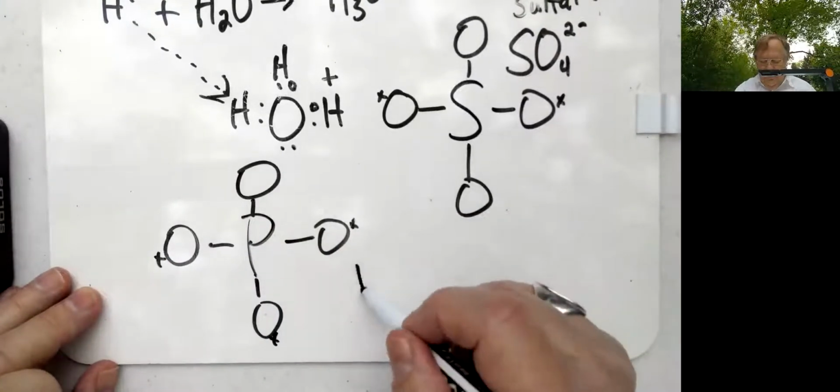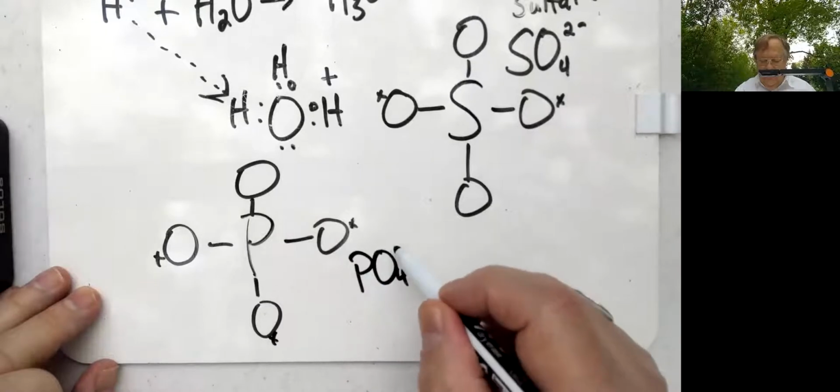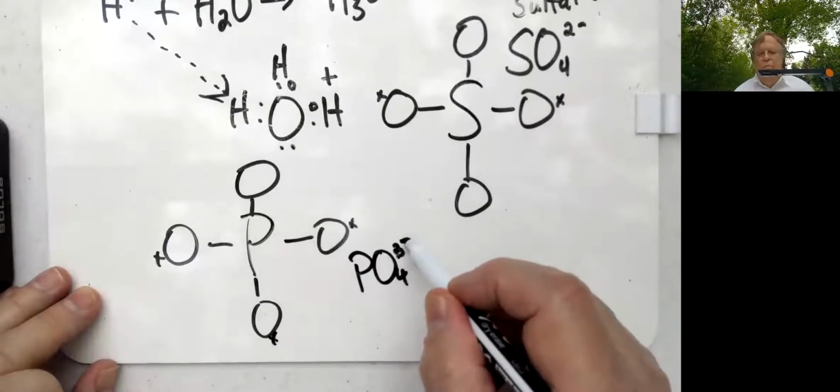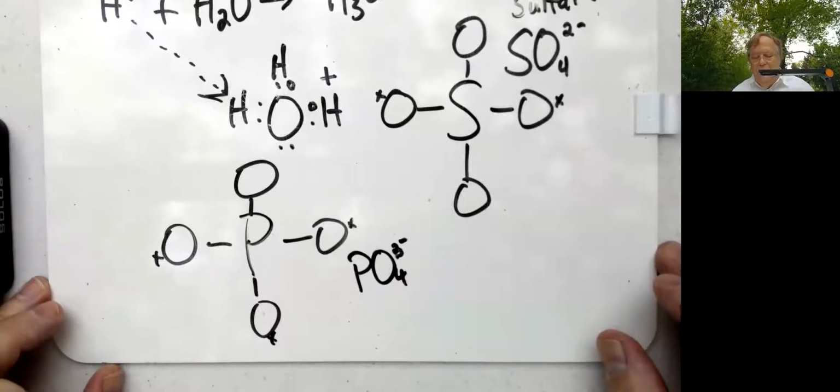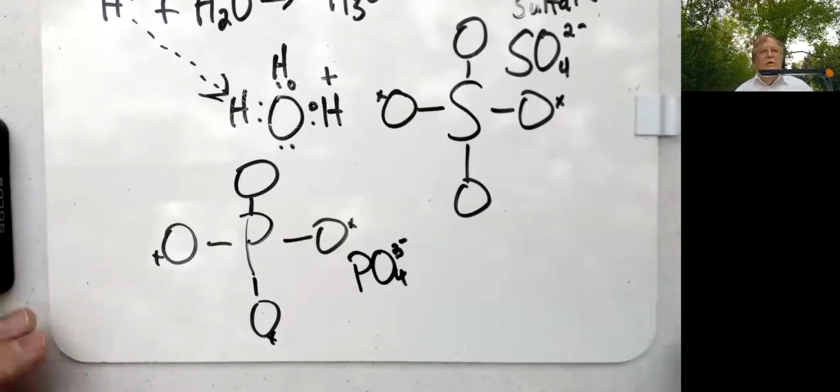And so its formula is PO4 -3. Okay. So the nice thing is these ions behave the same when you're balancing charges in compounds. There's just one little thing you have to be careful with.